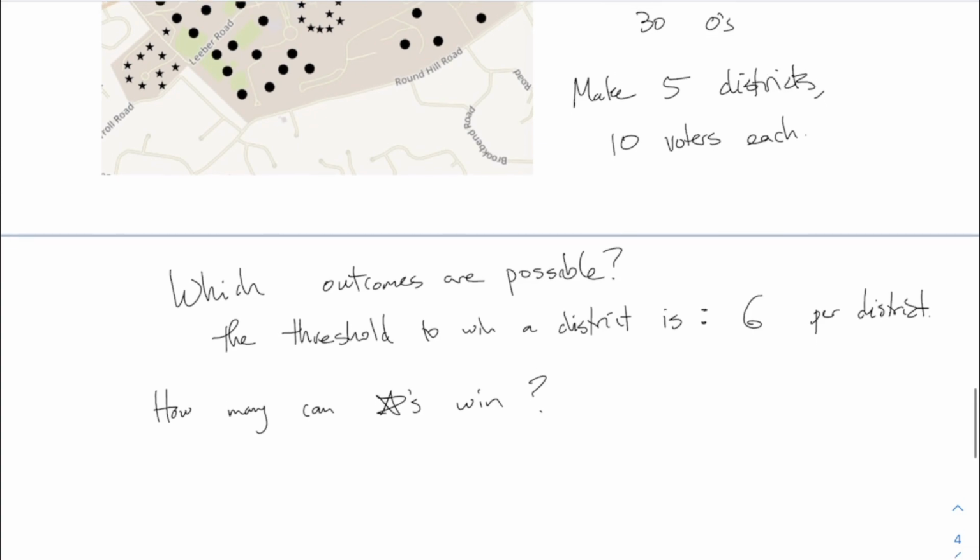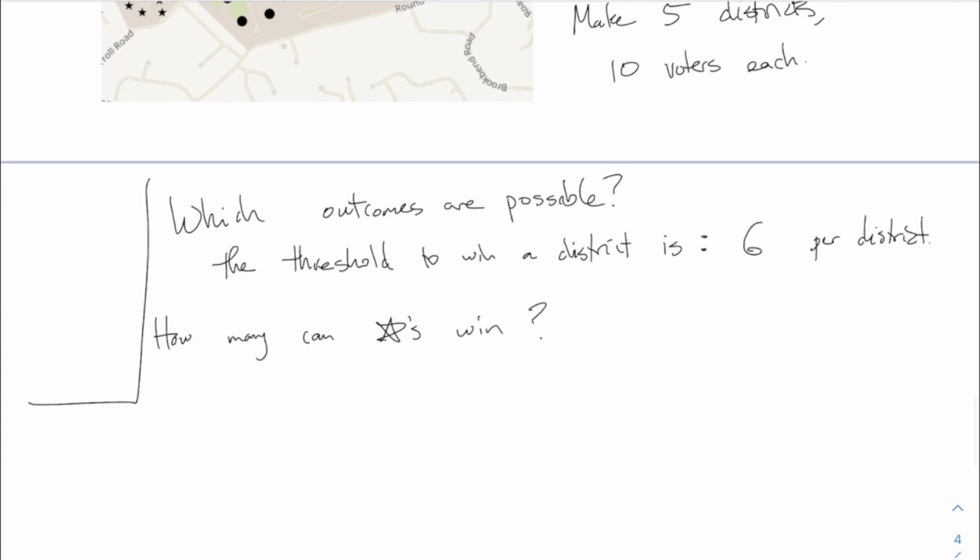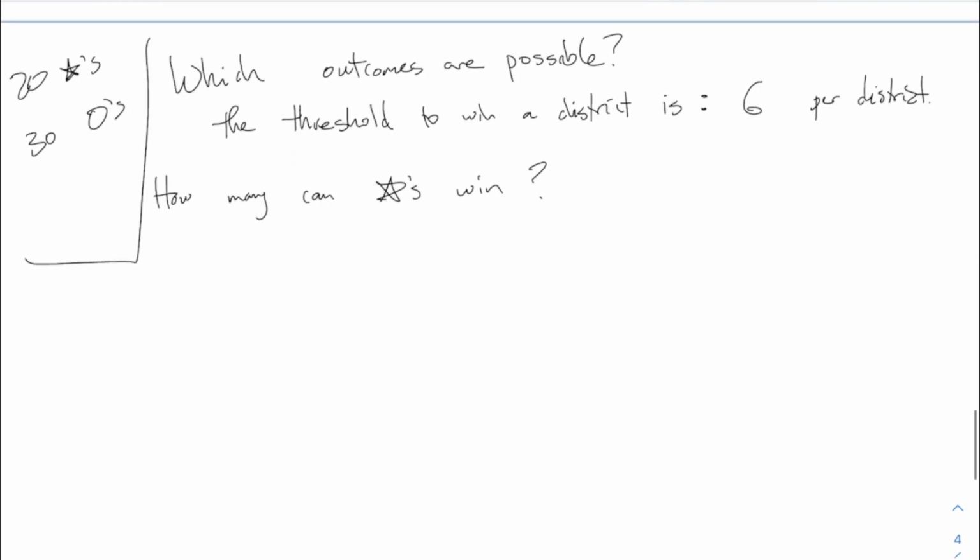Remember I said, I just scrolled past it, there are 20 stars and 30 circles. All right. How many can the stars win? Can anybody say what's the most number of districts the stars could win? It takes 6 to win each district. Want to show me the fingers? I see some fingers. The answer is 3.